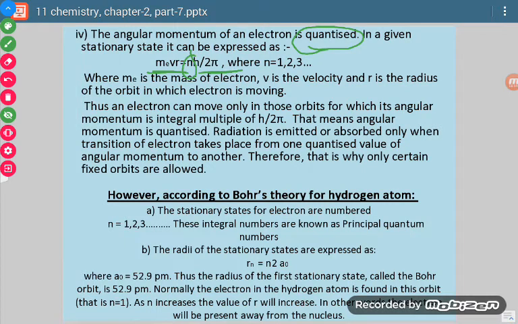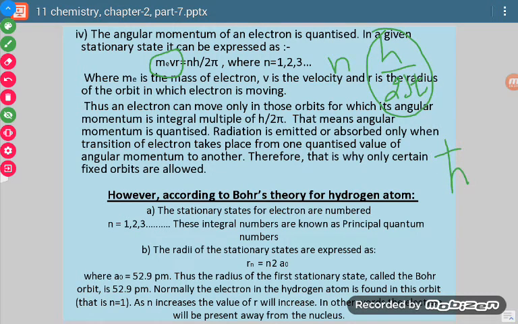So whenever we find an electron inside the atom and calculate its angular momentum, which is m_e v r, where m_e stands for the mass of the electron, that will be an integral multiple of h bar, or h by 2 pi. This can be noted as h bar also. So it is an integral multiple of h bar or h by 2 pi. This is our fourth postulate.